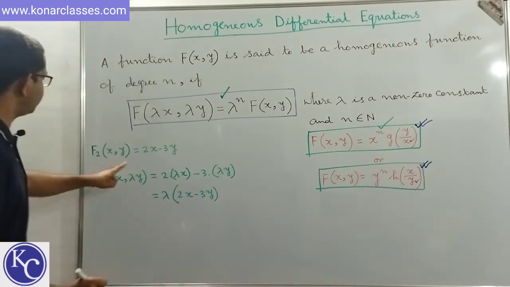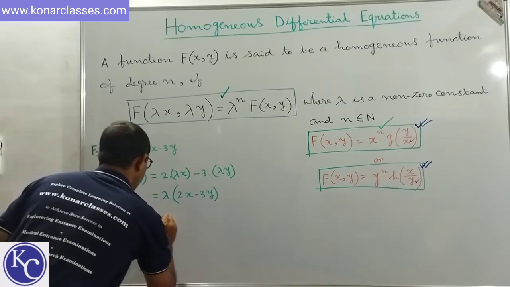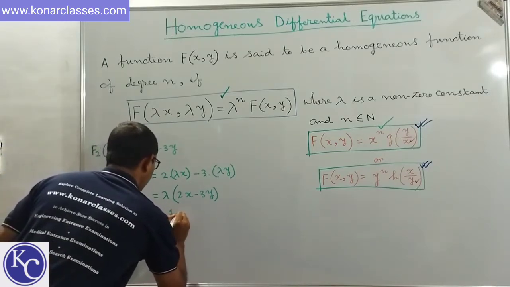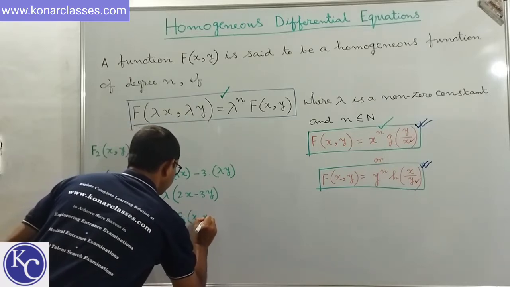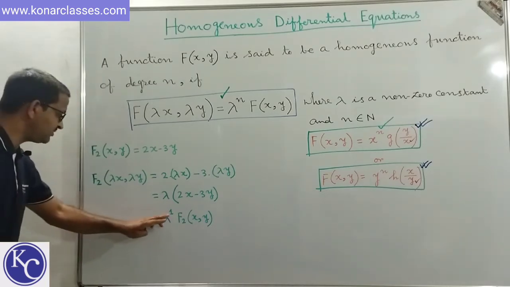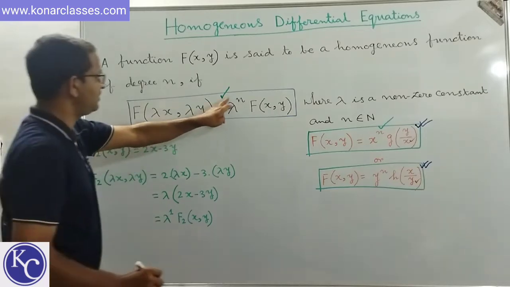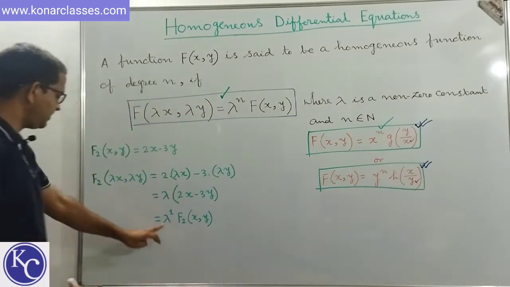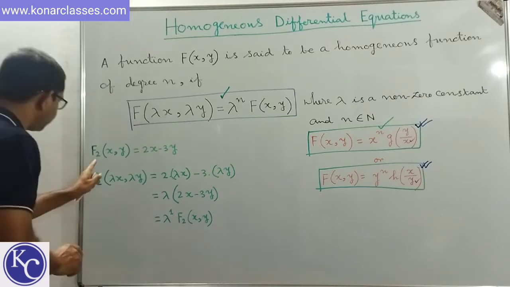And what is 2x minus 3y? That is f2 of x, y. So that is equal to lambda power 1 into f2 of x comma y. Why do I write lambda power 1? Just to show that it is a homogeneous function of degree 1. Correct? Because it is falling into this definition, lambda power n, where n is equal to 1 in this particular case.